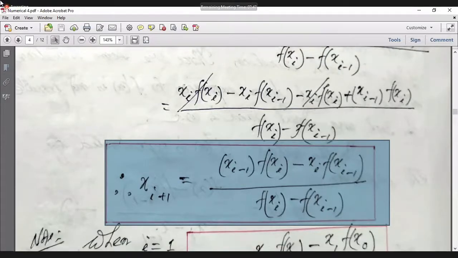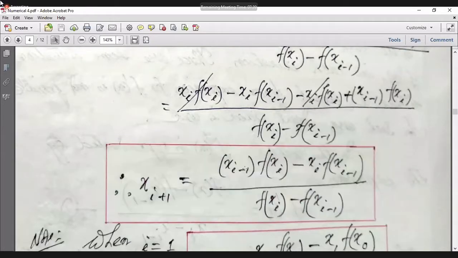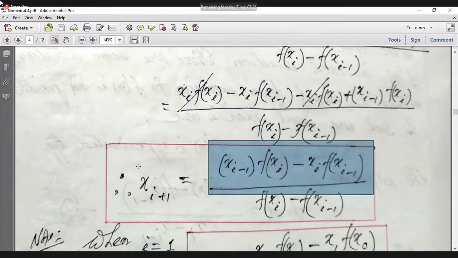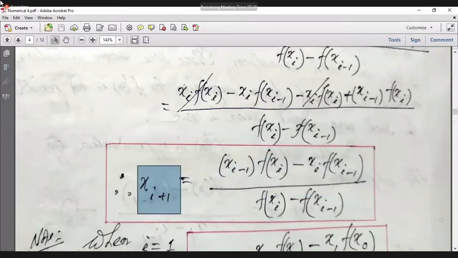When you use the formula in the false position method, for finding the value of the new x, we need four values: x_i, x_(i-1), f of x_i, and f of x_(i-1). Once we know these four values, we can calculate the new x value.